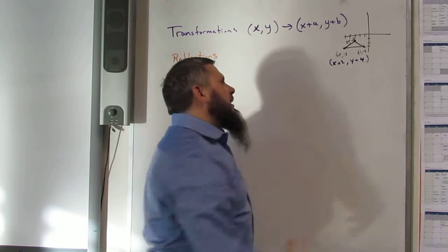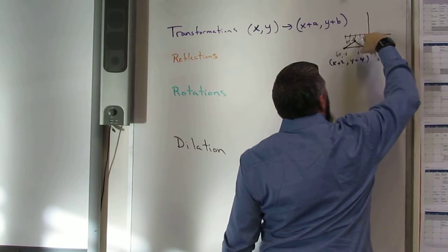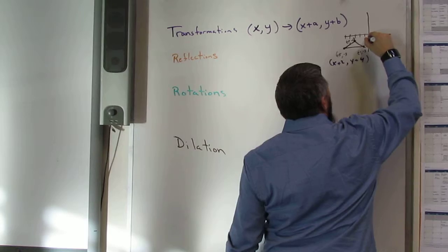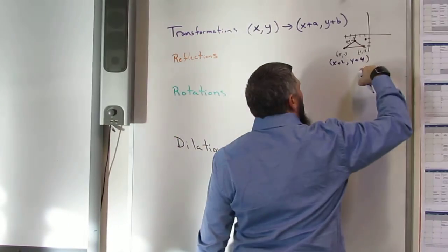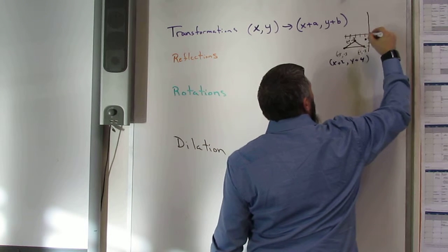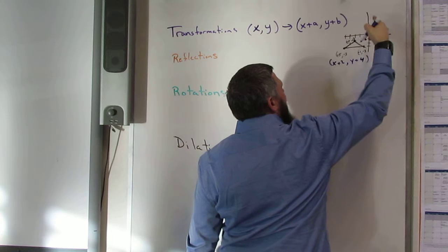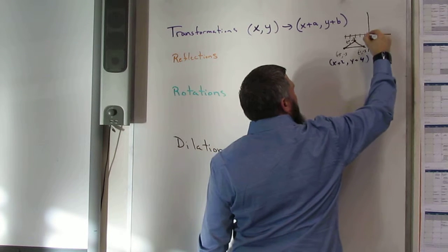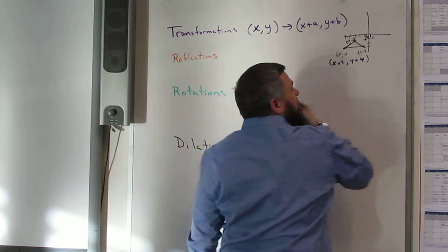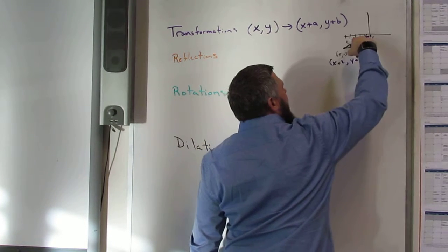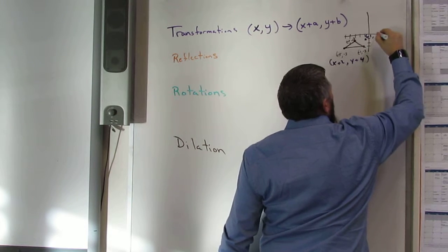But if I want to add a 2 to the x, then I'm going to come over 1, 2, and that's going to be my new x. So that's going to be -1. If I want to add 4 to the y, that's going to be 3.